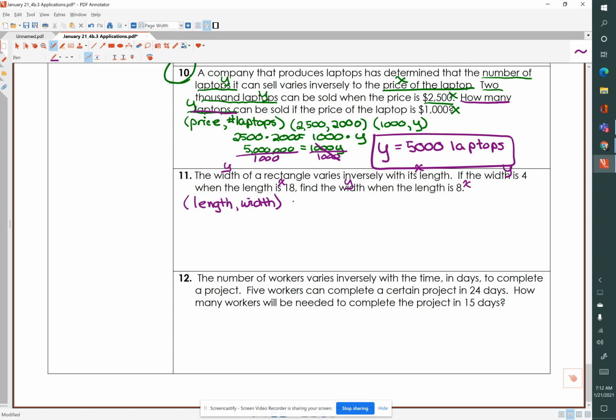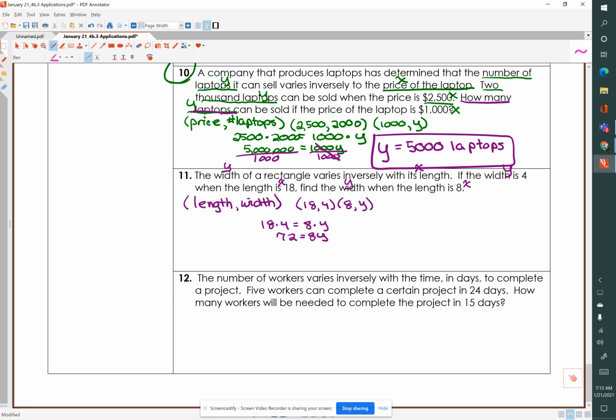So if our width is 18 and the length is 4, that's our first ordered pair. What is the width when the length is 8? So 18 times 4 equals 8 times y. 18 times 4 is 72 equals 8y.